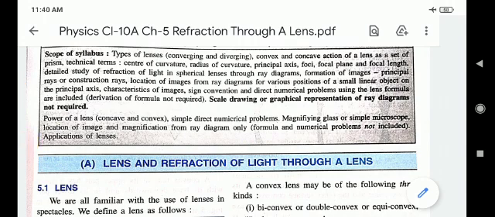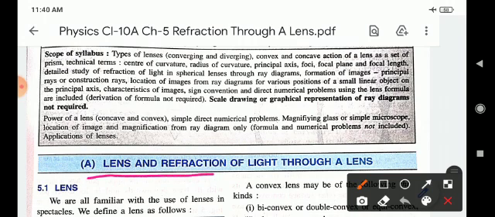Children, first I will discuss lens and refraction of light through a lens. What is a lens? It is a piece of transparent glass bound by two spherical surfaces and is used to magnify objects. It is called a lens.